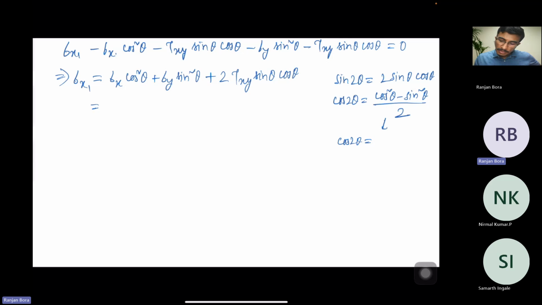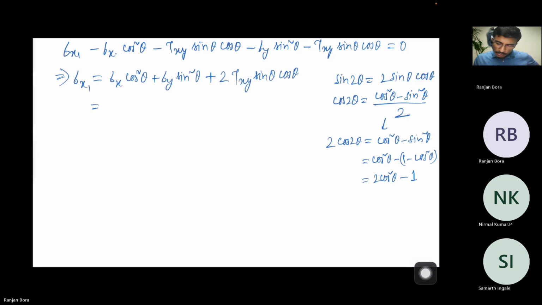Okay, from this equation, cos 2 theta is 2 cos square theta minus 1, and we can write sin square theta as 1 minus cos square theta. So what is cos square theta then?